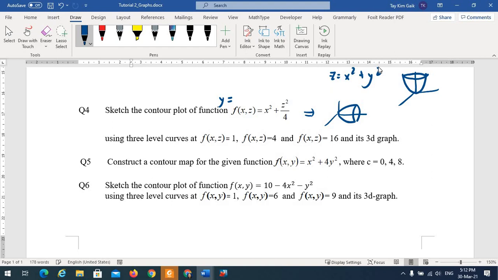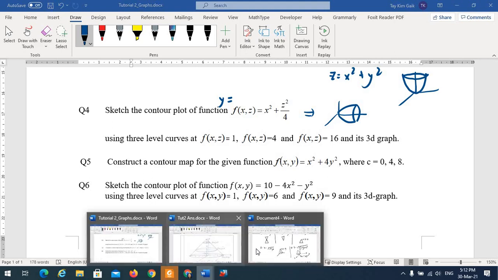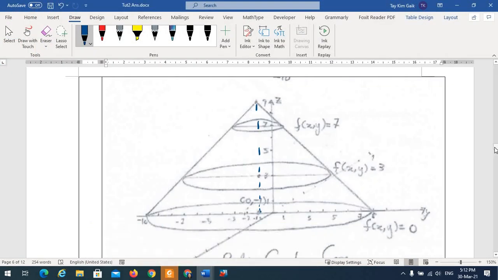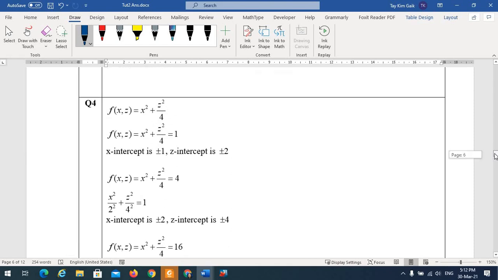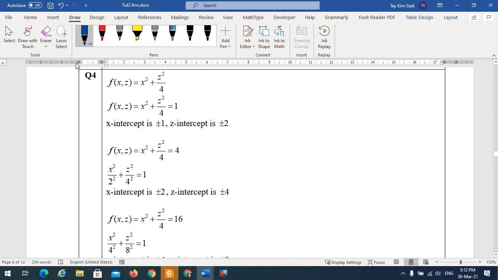Then try letting f of x, z equal 1, equal 4, equal 6. This is y equal to a function f of x, z equal to x squared plus z squared over 4. Now let f of x, z equal 1, as given in the question.